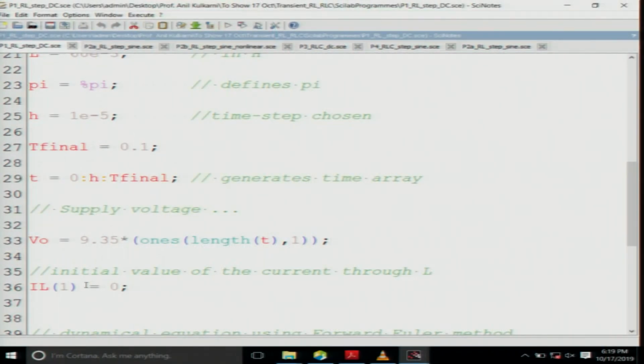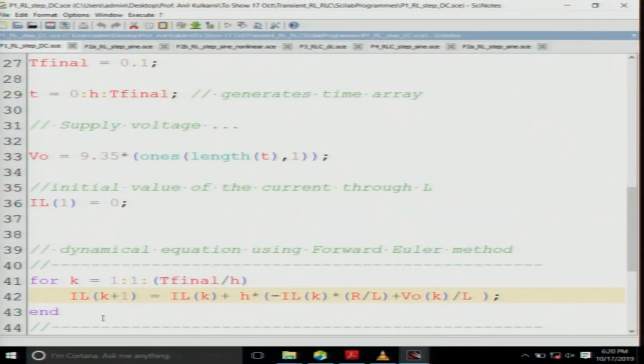Remember, the input here is DC, not AC. V naught is taken to be DC with a value of 9.35. Why we are taking this value is something I will try to tell you a bit later. It is 9.35 volts, and it is a constant value. So, that is why for all time steps it has got the same value.